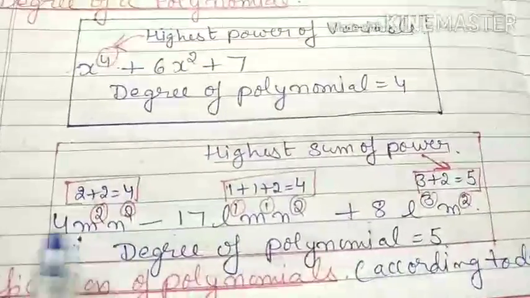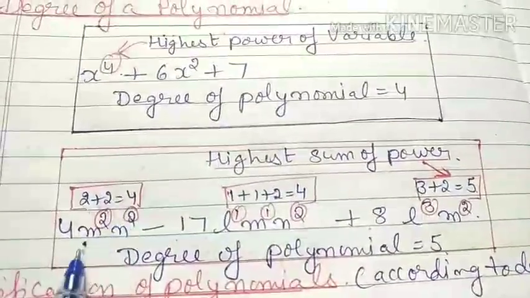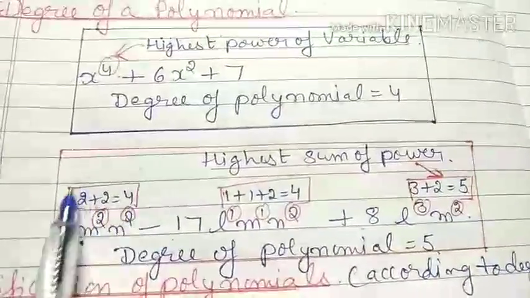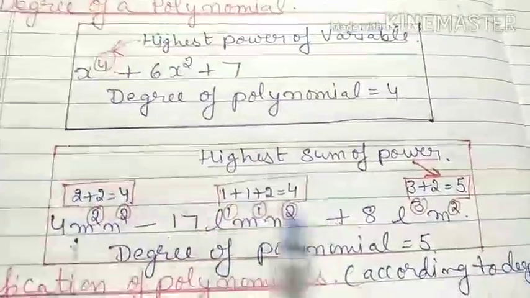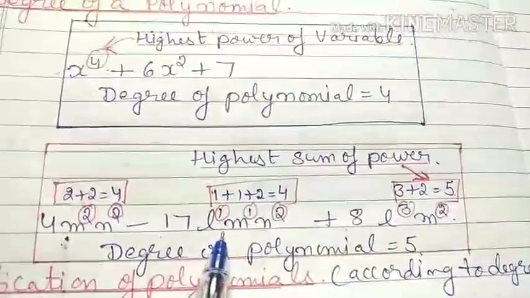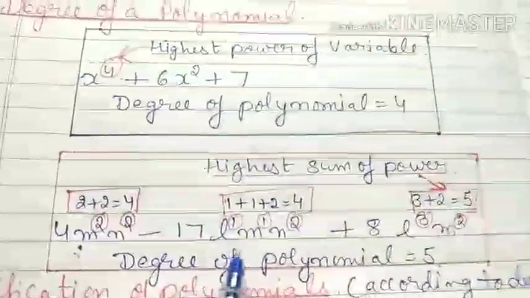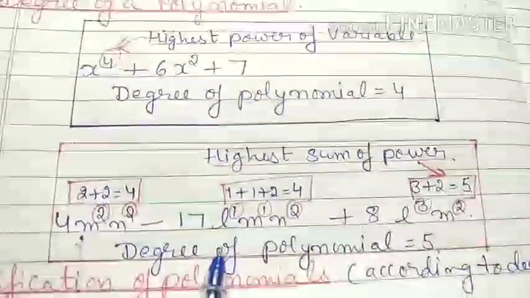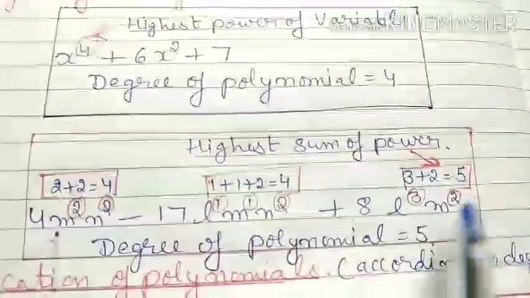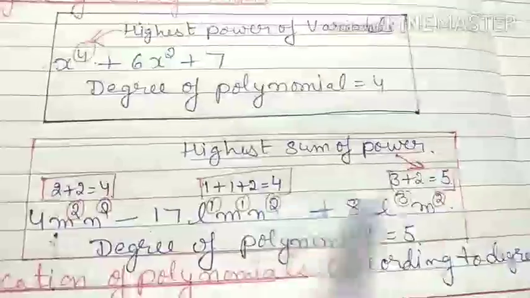What you do in this is add the powers in each term. Like m square n square, the sum of the powers becomes 4 here, and in the next term 1, 1, 2 becomes 4, and here 3 plus 2 becomes 5. So here 4, 4, 5.